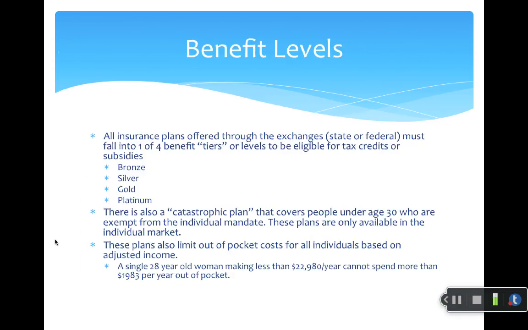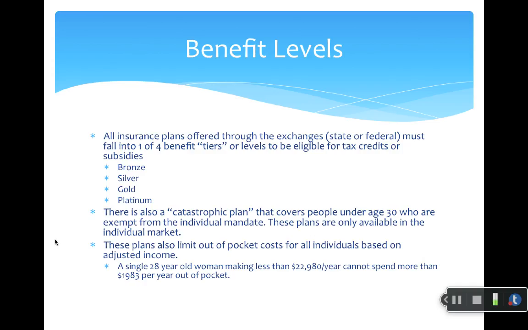Now, in terms of the requirements of private insurance sold through these exchanges, there also are very strict regulations and guidelines about the kinds of benefits that can be included in these plans, as well as the amount of cost sharing or out-of-pocket expense that individuals can expect to have. There also are allowed to be different tiers or levels of health insurance coverage.